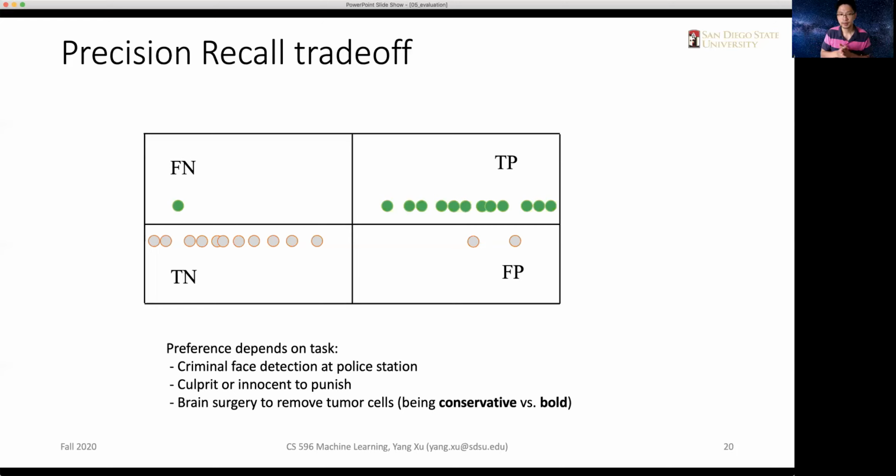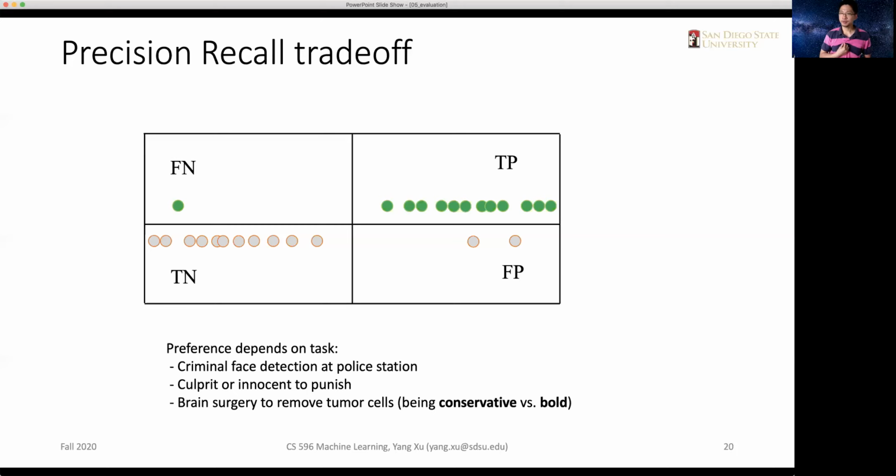Okay, but maybe in brain surgery, right? If we want to detect whether there's a tumor in the brain to decide whether we need to conduct a surgery or not, then the false positive case is something that's really dangerous, right?